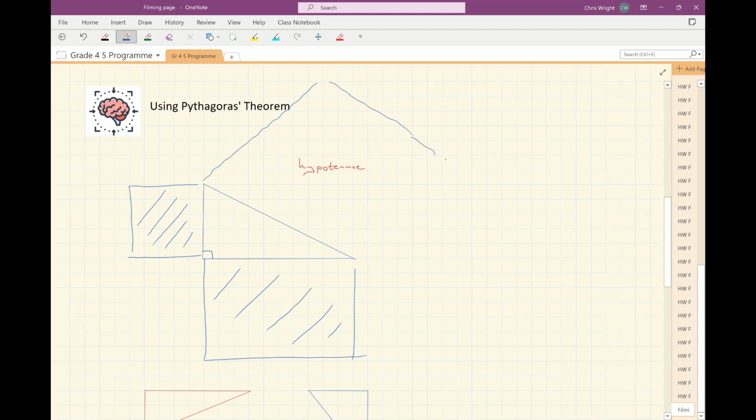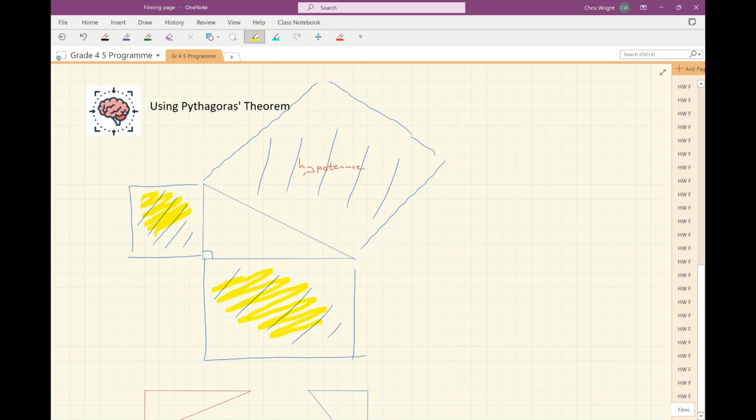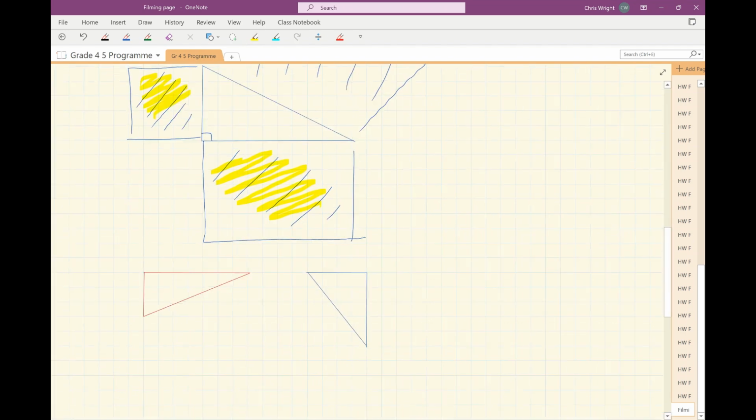I wish I was a better drawer. That square's got an area as well. Now, the area of that square on the hypotenuse is equal to the two smaller squares added together. And we can use that fact to help us find missing lengths. Let's have a look at a couple of examples.